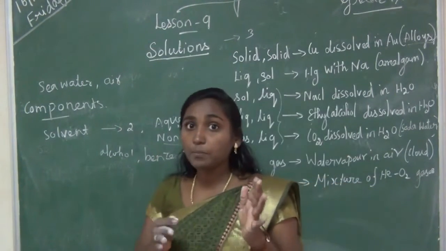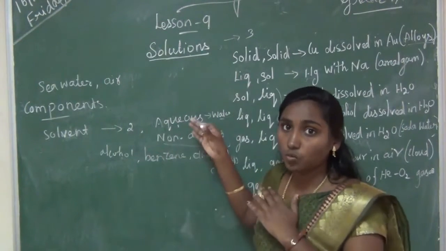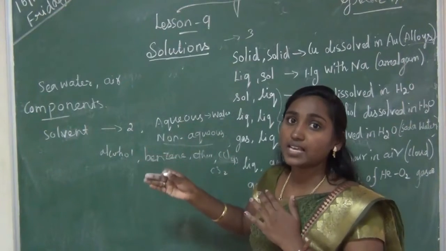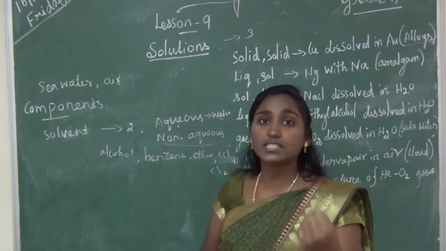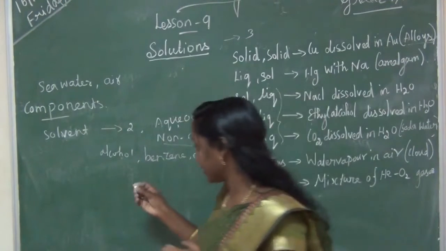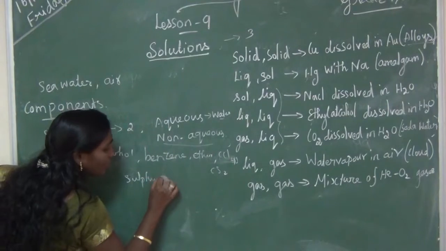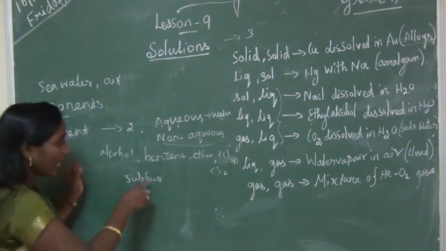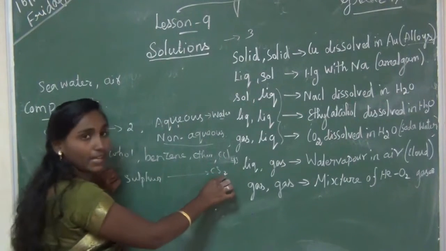So mostly the solute can be dissolved in water, but in some cases the solvent, that means water, does not dissolve the solute. Some cases, that is sulfur. Sulfur does not dissolve in water. The sulfur can only dissolve in carbon disulfide.